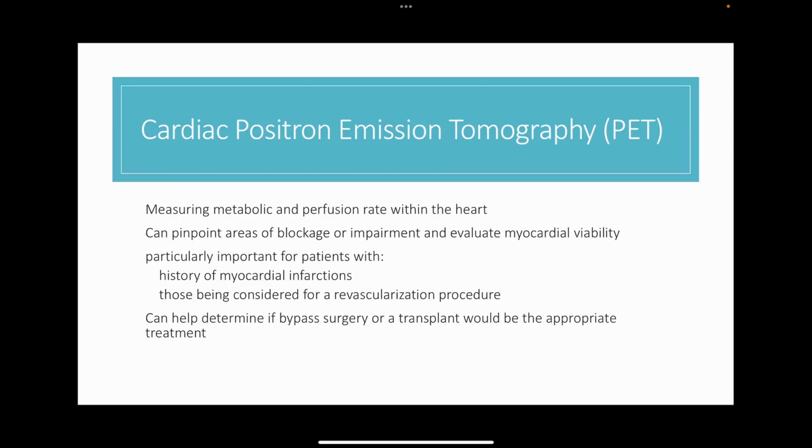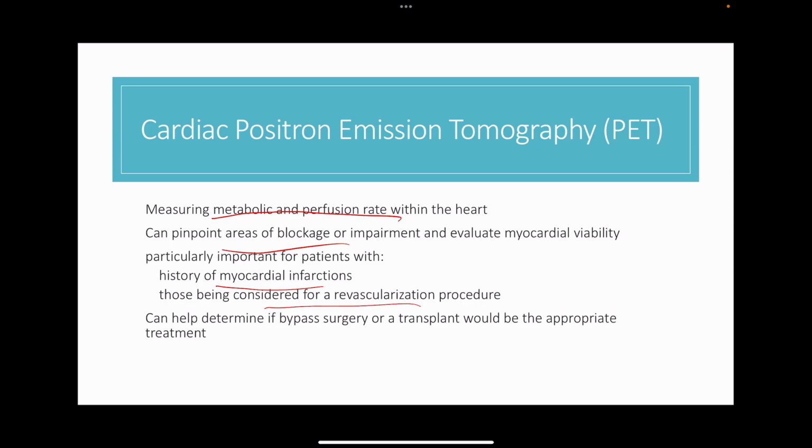Other types of cardiac imaging, here's our PET scan. Again, measuring metabolic and perfusion rate within the heart. How functionally active is that muscle in the heart? It can pinpoint areas of blockage or impairment, so we know exactly where they are. Particularly important with patients with history of MI and if they're looking for revascularization.